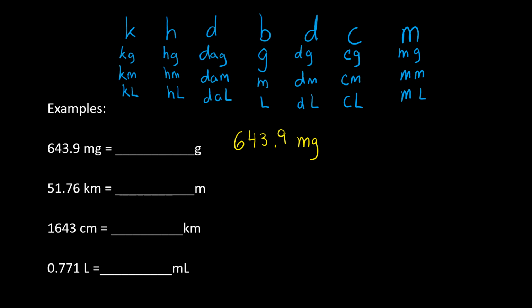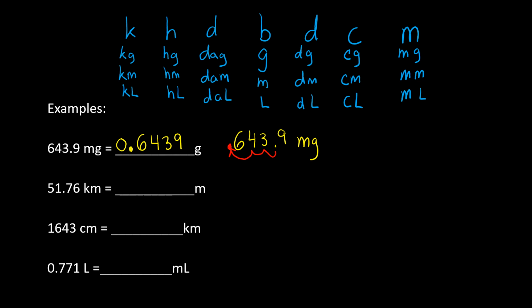So then we're going to move this decimal point here 1, 2, 3 spots. So then our answer is going to be 0. Because the decimal place is in front there, 0.6439 grams is equal to 643.9 milligrams.